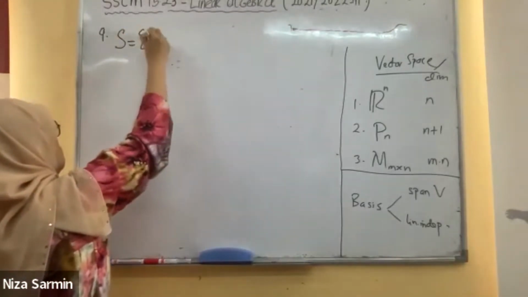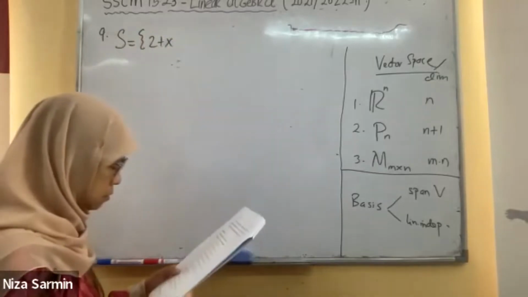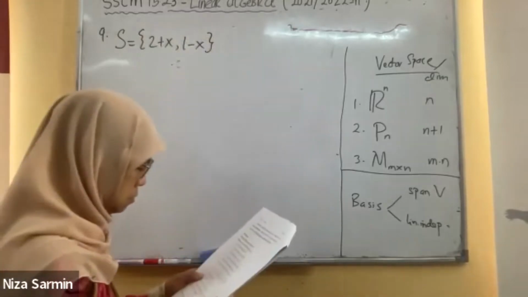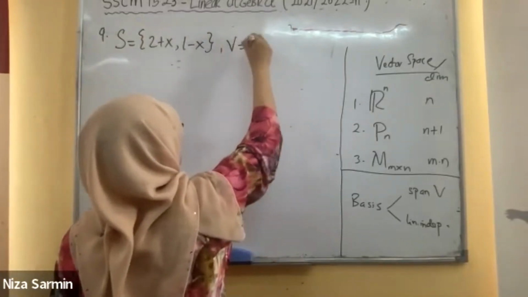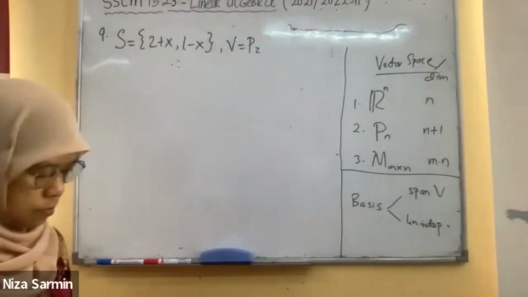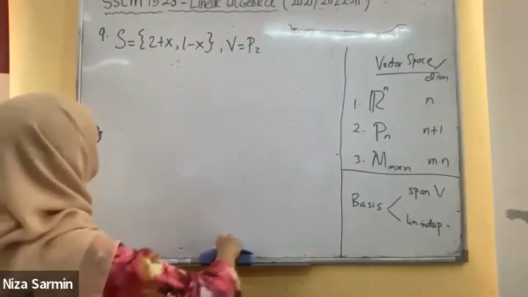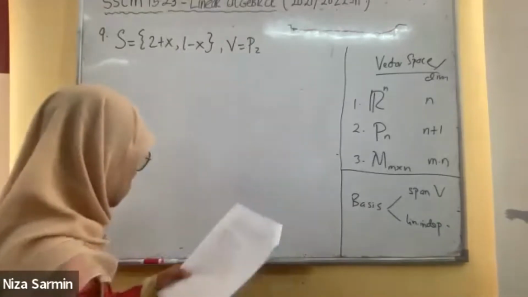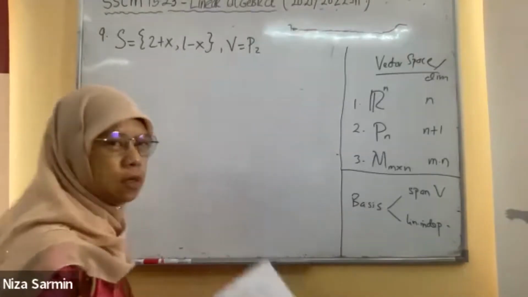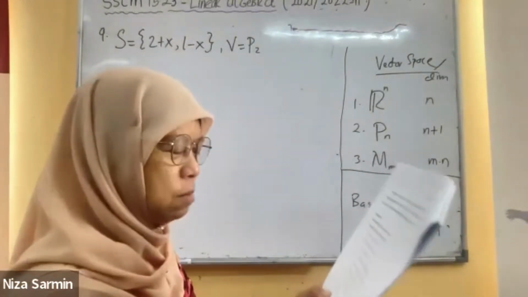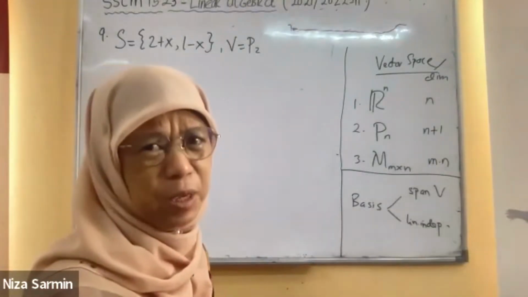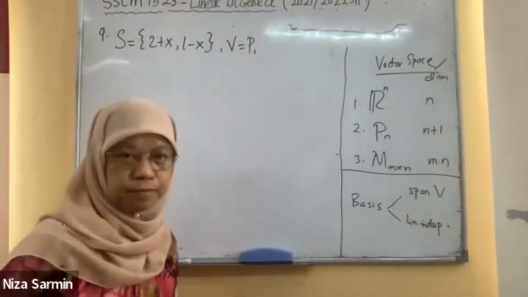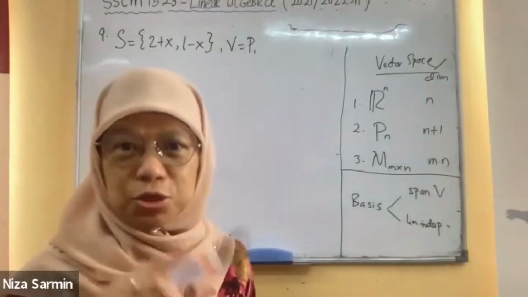S equal 2 plus X, 1 minus X. P is P. This one is also a typo. I've corrected it many times and there is still a typo. Is P1. It's P1 because X to the 1.